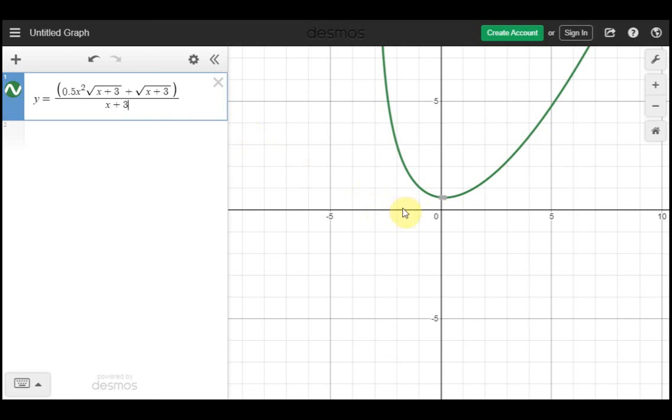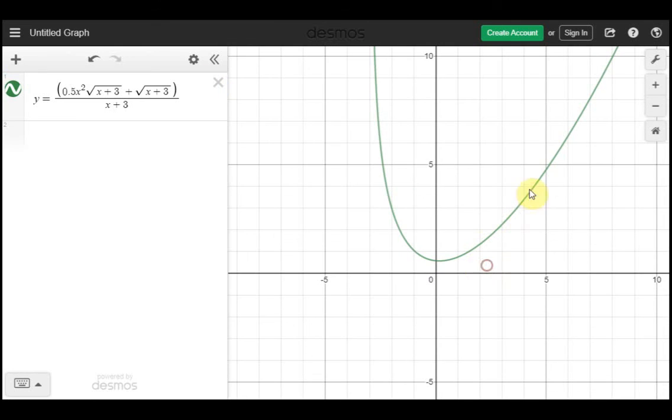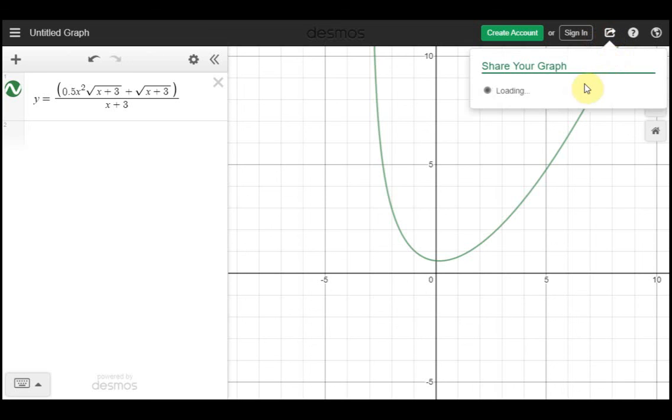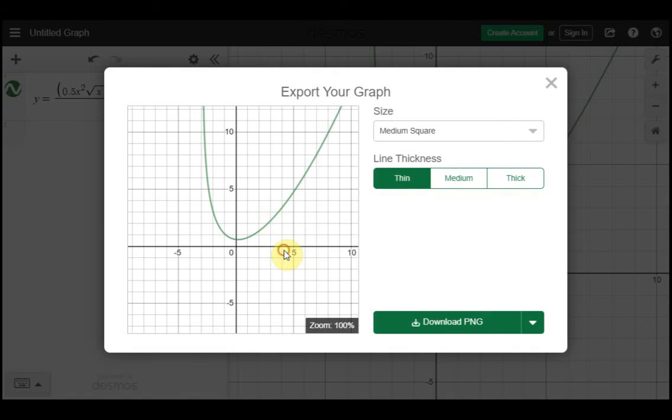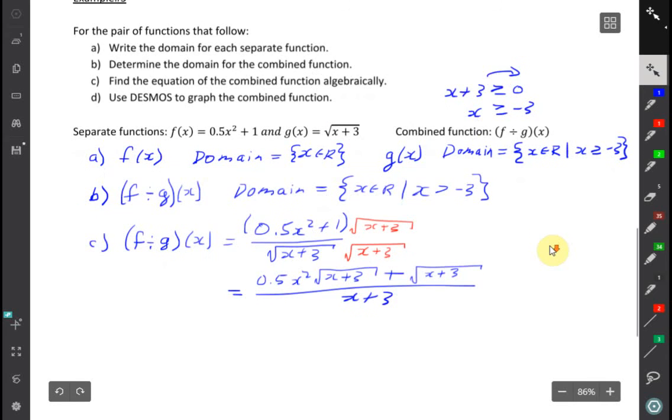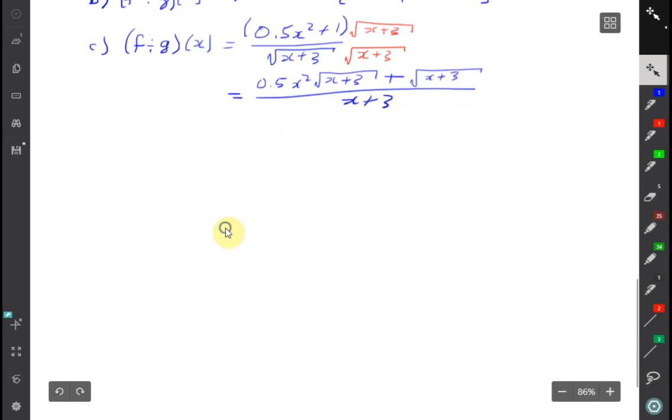And so you can see here that we have what we anticipated. We have an asymptote at x equals minus 3 vertically. And then you'll notice that the end behaviors of this function are going to infinity, and that our domain is correct. So I'm going to paste this into my document. Pasting this in.